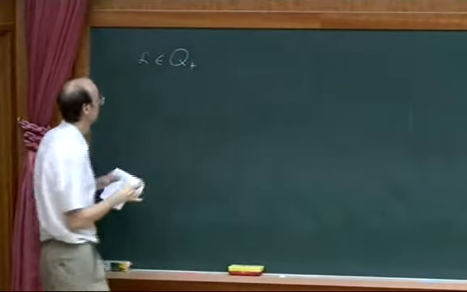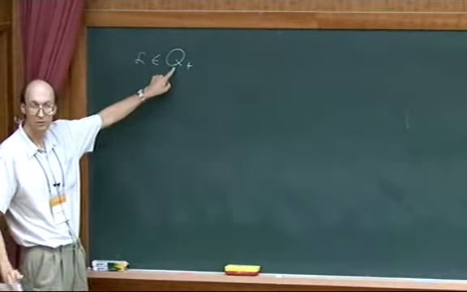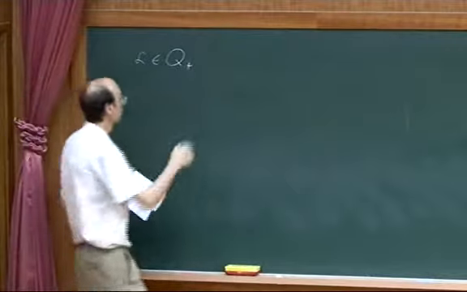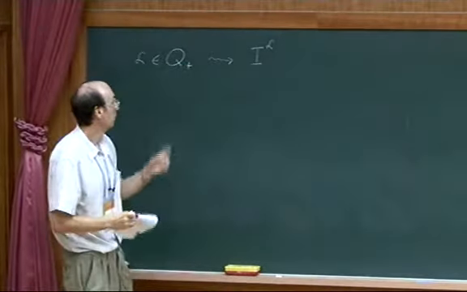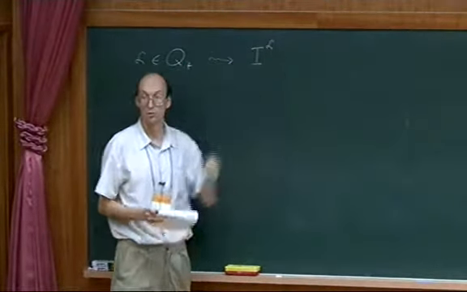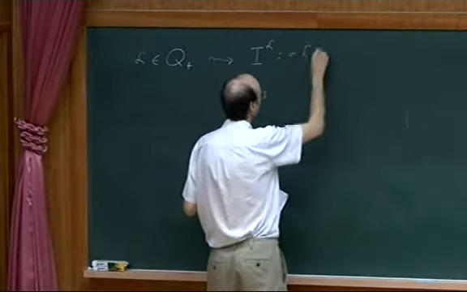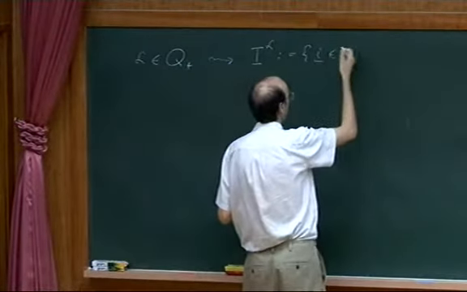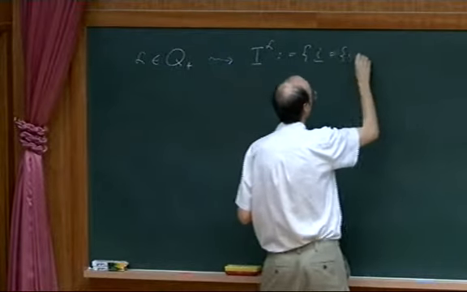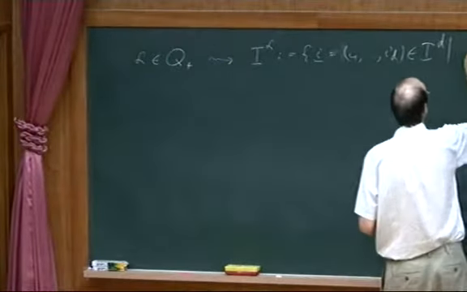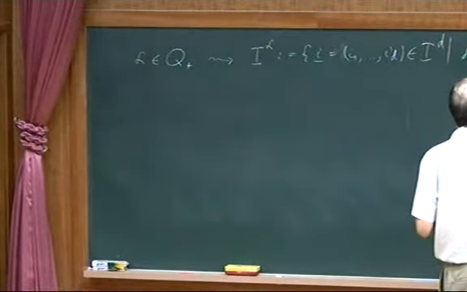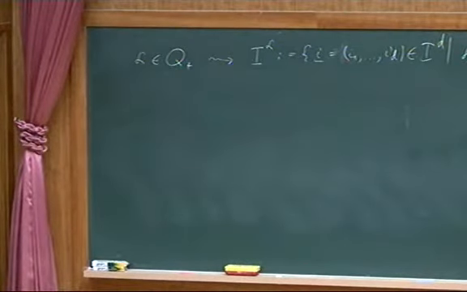And the reason for that is the following: if I fix alpha in Q plus, remember this is a linear combination with non-negative coefficients of simple roots, then corresponding to this alpha, I can define an orbit of the symmetric group which acts on the tuples by place permutations. And this orbit precisely consists of all tuples in I to the d such that alpha_{i_1} plus alpha_{i_2} plus ... plus alpha_{i_d} is equal to alpha.